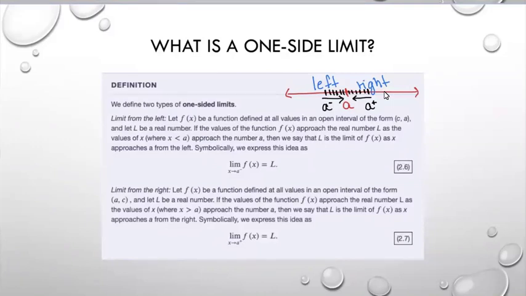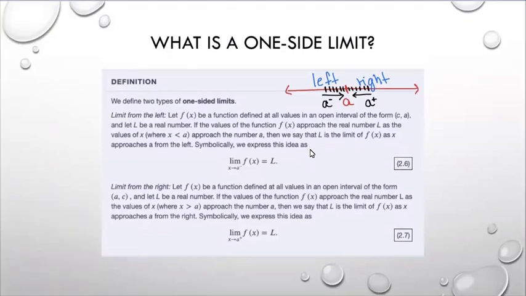So we are approaching a from the right, but in order for us to do that, we need to start at a value that is on the right of a, and then move towards the left to get closer and closer and closer to that a. All right, so the definitions are in here. What does it mean to find the limit from the left? What does it mean to find the limit from the right? In words.